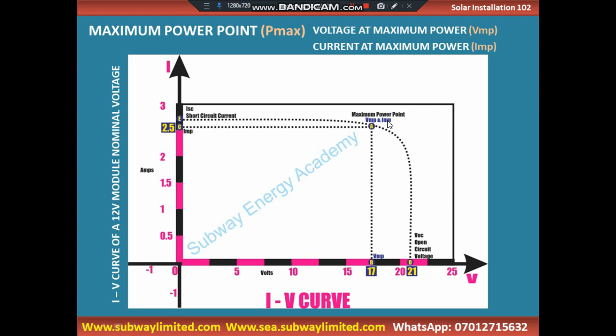We talked about the standard test condition, the 1000 watts per square meter irradiance or illumination. That is when the solar panel is subjected to that particular condition and a cell temperature of 25 degrees Celsius.